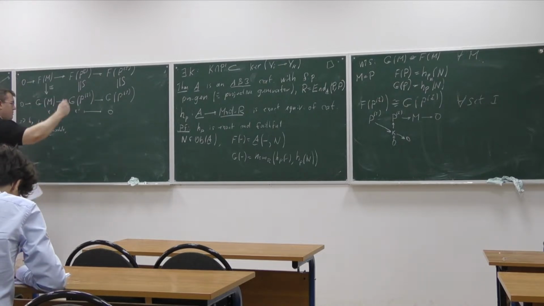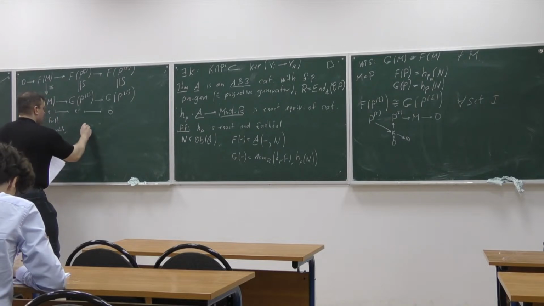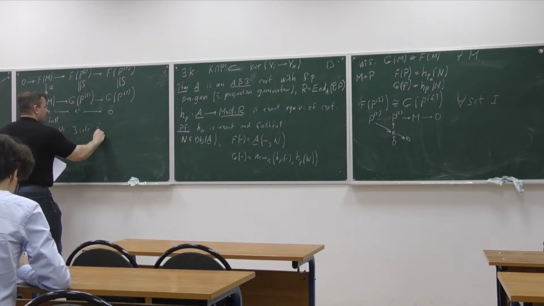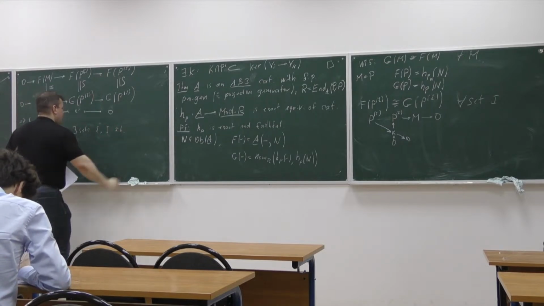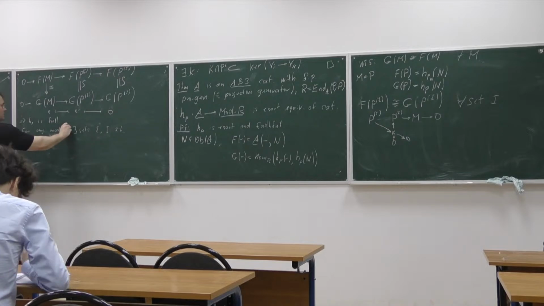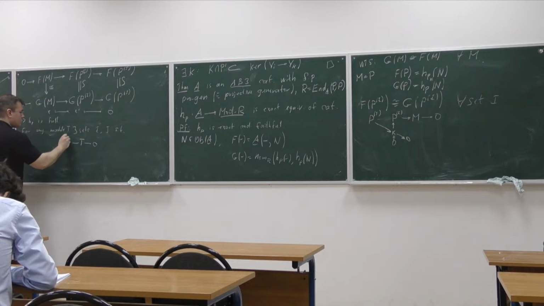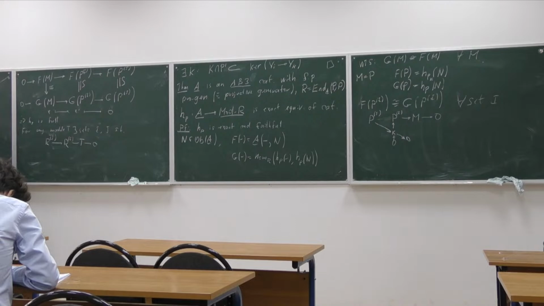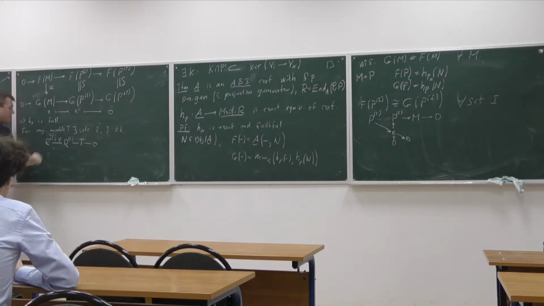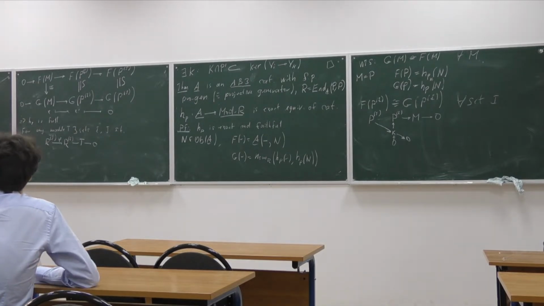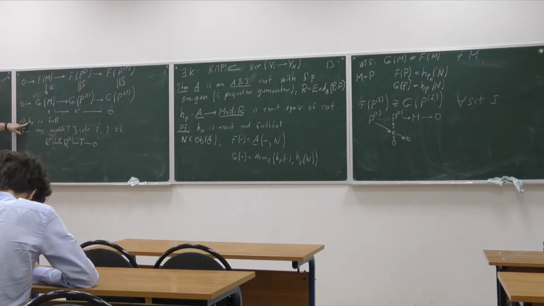So just repeat the previous presentation argument and we can say that for any module, let's give this module the name T, there are sets I and J such that T has a presentation like this. So let's call this presentation map phi. Okay? We want to show that the functor is essentially surjective.